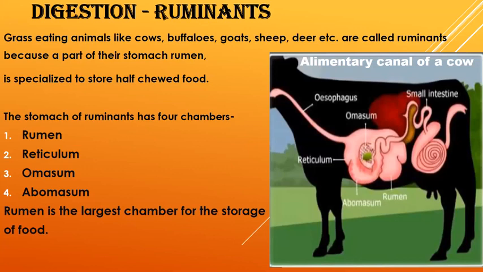The stomach of ruminants has 4 chambers. These 4 chambers are called rumen, reticulum, omasum, and abomasum. Here in the stomach, the rumen is the largest chamber for the storage of food.